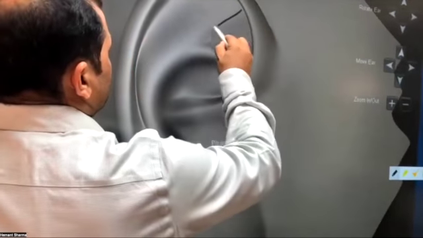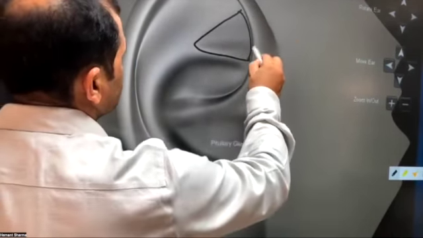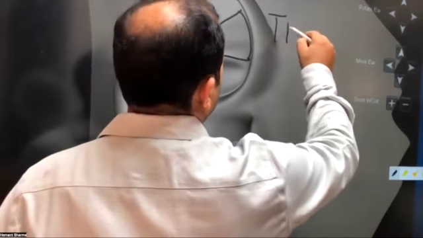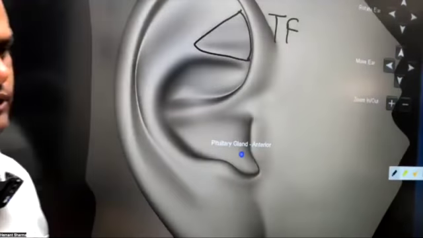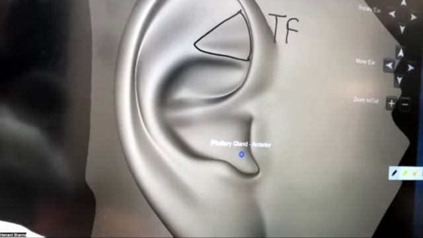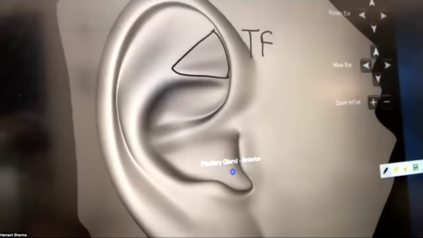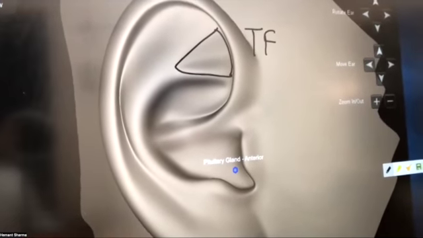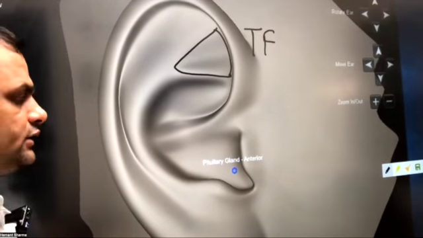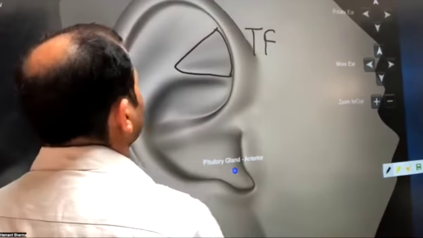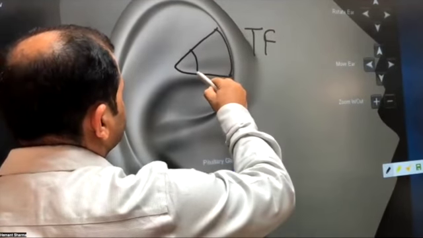So this is the triangular fossa. Triangular fossa, and the triangular fossa has been considered as a reproductive part that we know. Triangular fossa को reproductive part consider किया जाता है, that we know. So we can divide the triangular fossa in 3 parts.